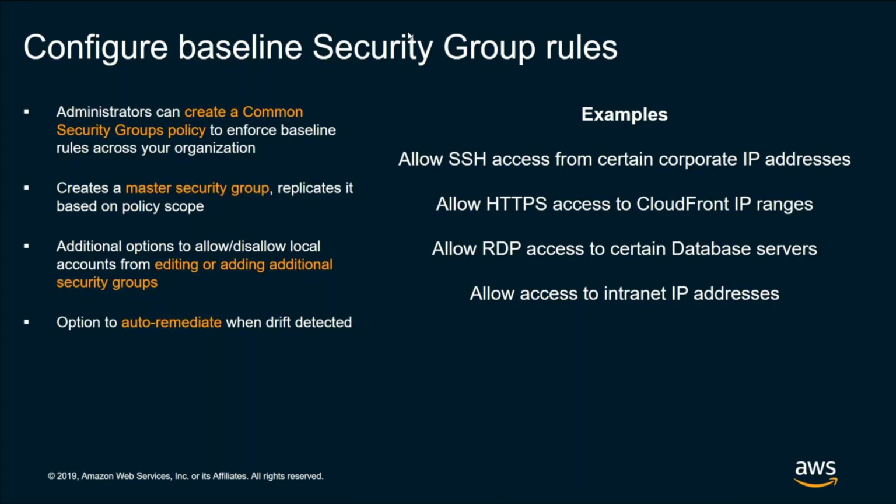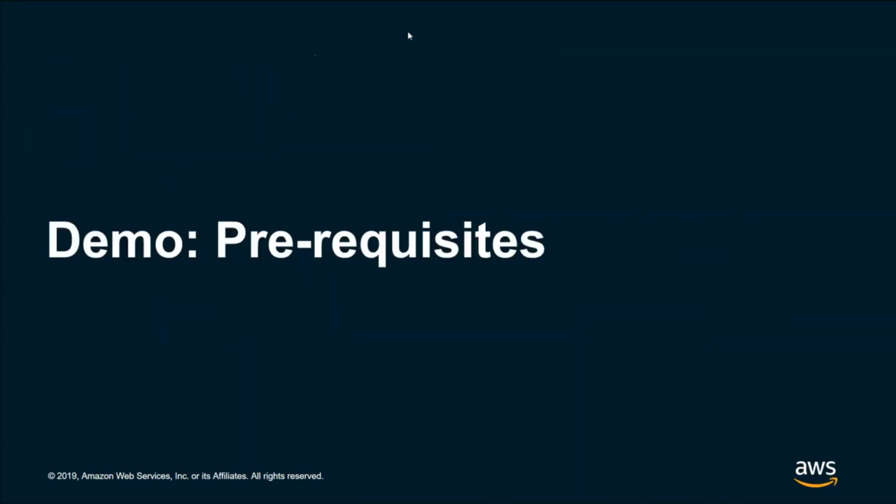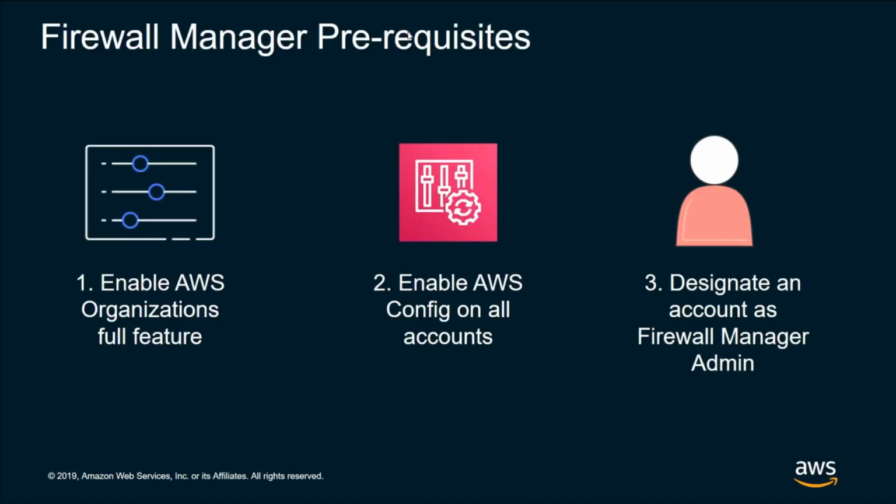Now, let's look at a demo of how you configure this common security group policy. But before that, there are some prerequisites for you to start using Firewall Manager. This might be more obvious to you if you're already using Firewall Manager, but some of you might be new to it, so let's do a quick recap of these prerequisites.